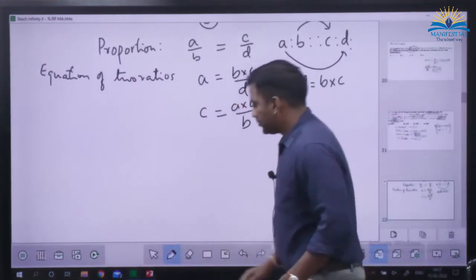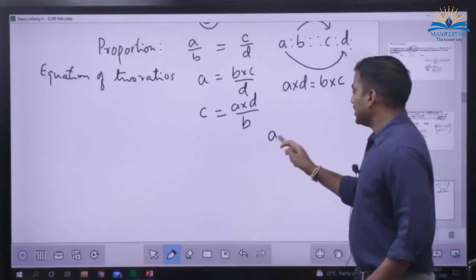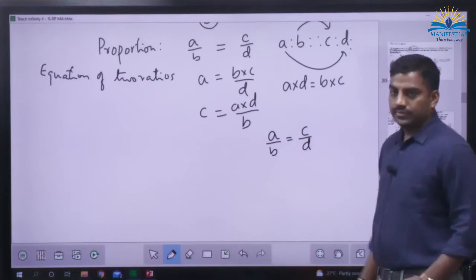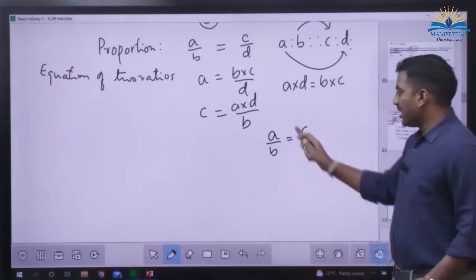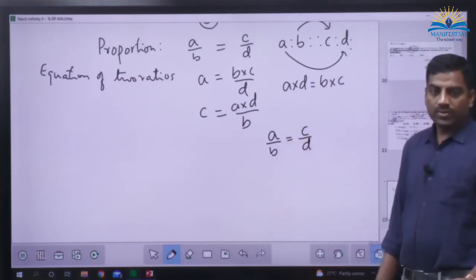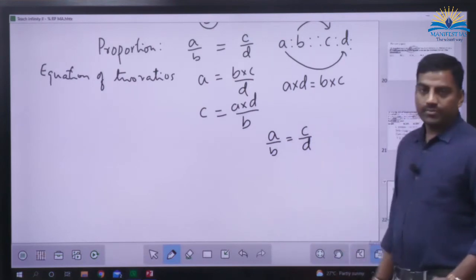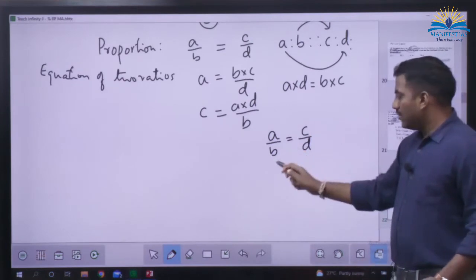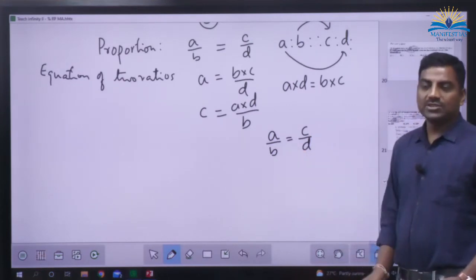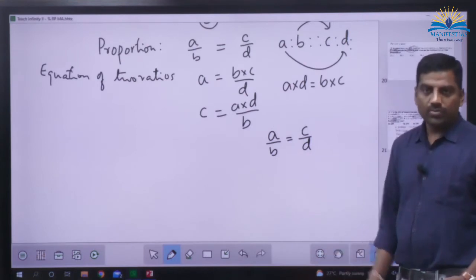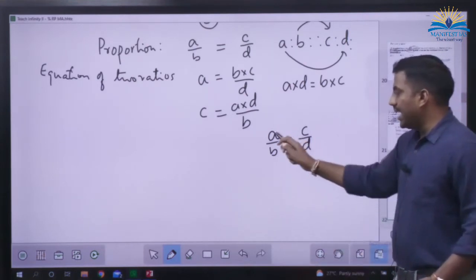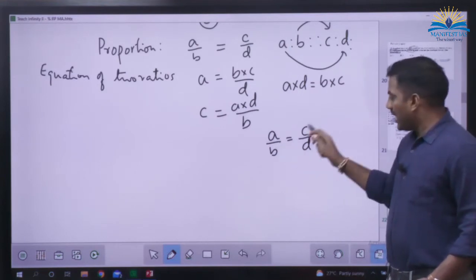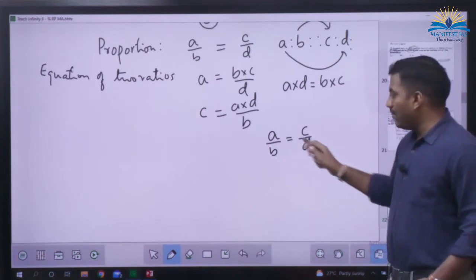But while cancelling, you have to be extra careful. For example, in A by B is equal to C by D, you can cancel A and B, you can cancel C and D, you can cancel A and C, you can cancel B and D. Cancelling means taking the common factor out. But you can never divide A and D, and you can never divide B and C. You can only multiply them.